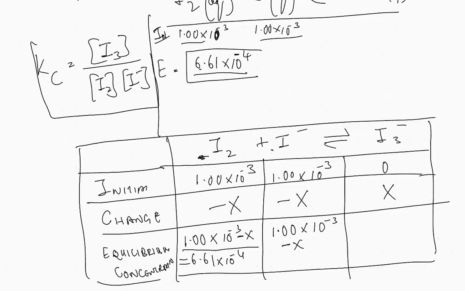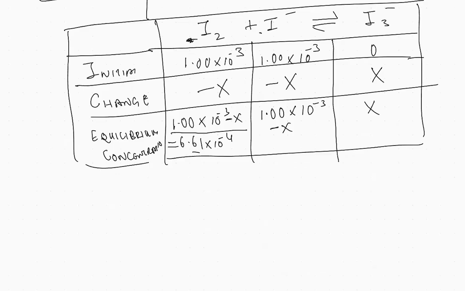Now let us find what X is first. We find X from this part here: 1.00 times 10 to the negative 3 minus X equals 6.61 times 10 to the negative 4.